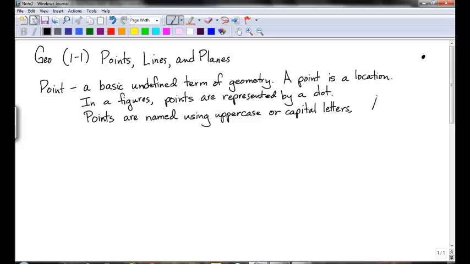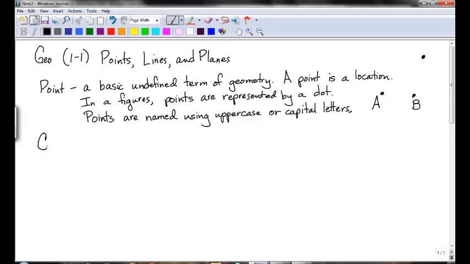Like I might label this as point A. Now I might label this one as point B. So we're going to use uppercase or capital letters every time you represent a point. And points are not just on paper on a plane. You've got an infinite number of points out here in space.